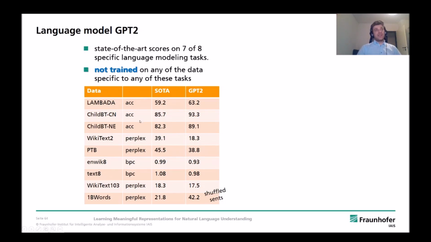We have different metrics here, the accuracies, perplexities, etc. And in 7 out of 8 of the tasks, GPT-2 performs the best. The only one where it doesn't is the 1 billion words task, where it had to deal with shuffled sentences.